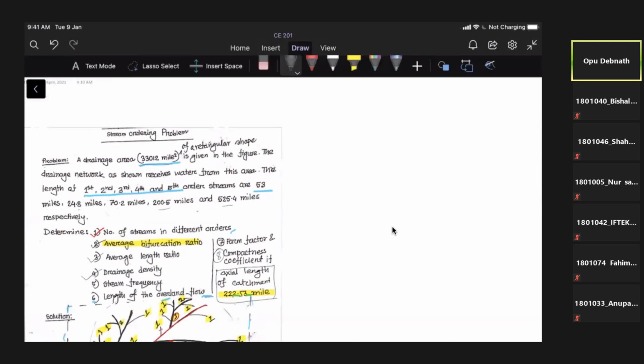Now this is the end of the course of this topic, and we have some theoretical topics like the geology of Bangladesh, the geological succession of Bangladesh.